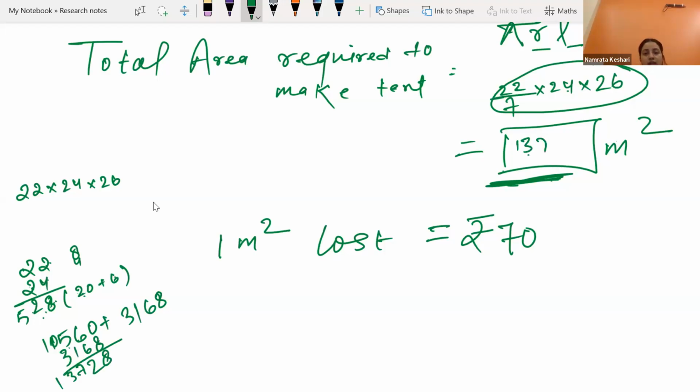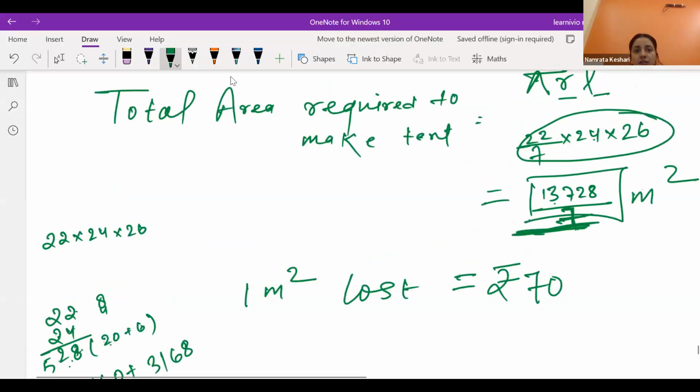So basically just write as it is divided by 7. Is it 13728? Yes, ma'am. Okay.